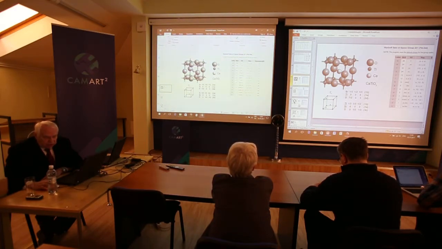So, when you put titanium in the 1a position, 0, 0, 0, then oxygen has to be in the 3c position, and strontium in this one. But when you put titanium in the half position, then you need to change this oxygen position. This is important. Otherwise, you will have an error.